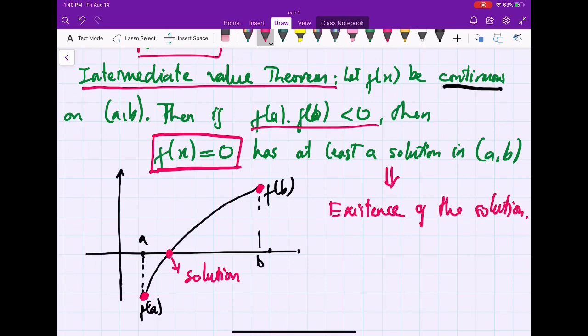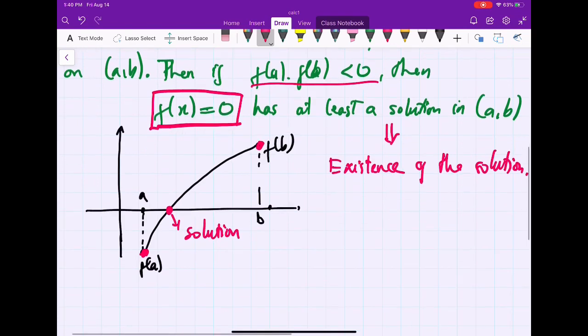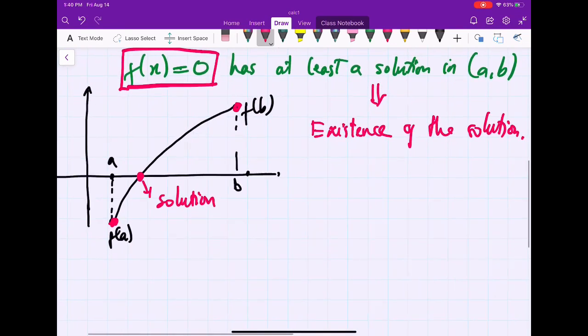On some interval. All right, now suppose that we know that the equation has a solution and we need to find that solution. And we suppose that the function is pretty good, like this picture. So the function is differentiable. Let me write it down.